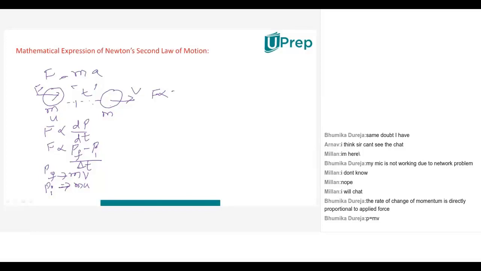So k turns out to be 1. If I substitute k is equal to 1, tell me what I have to write? F is equal to ma, and this will be the equation for Newton's second law of motion. Understood?